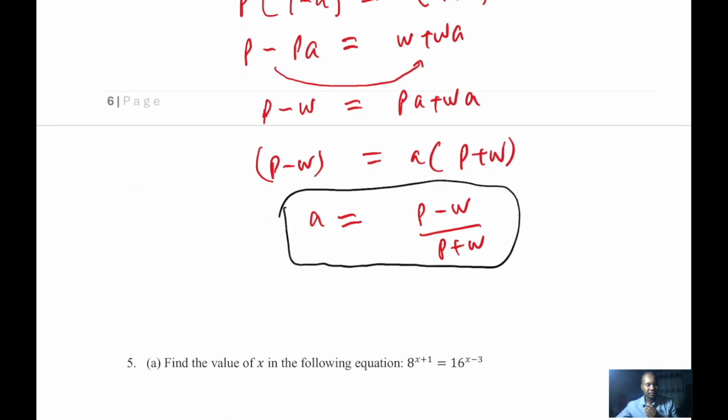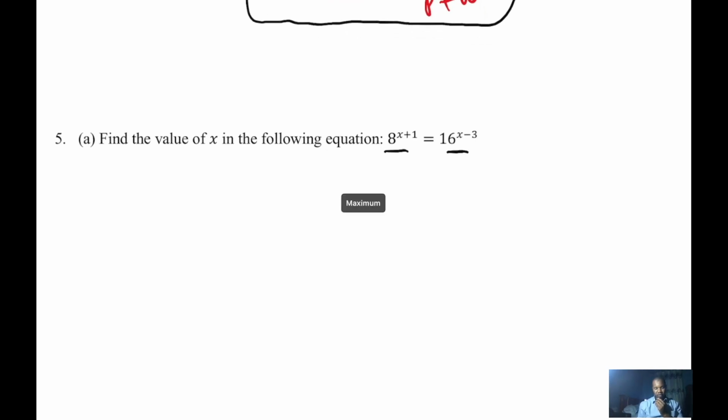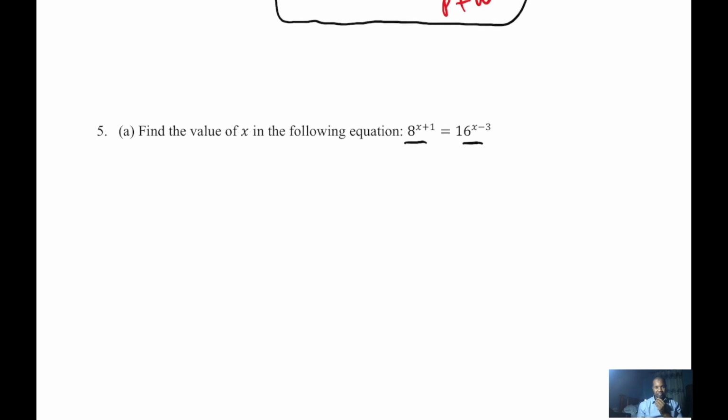Okay. If it is clear, we jump to question number 5, and this is question number 5a. Find the value of x in the following equation. So we have exponents, and we are supposed to find the value of x. The way you do these kinds of questions, first of all, you break down the bases into prime factors.